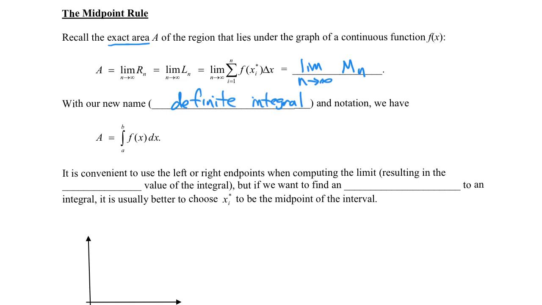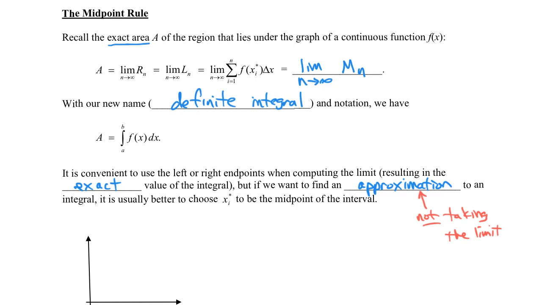So it's convenient to use left or right endpoints when computing the limit, resulting in the exact area. Remember, if we're going to take the limit, we're getting the exact area. So the exact value of the integral. But if you want to find an approximation, so an approximation, this means when we do this, we are not taking the limit. And you might say, why would you get an approximation if you can get the exact area?